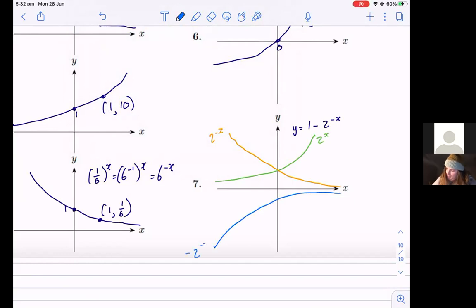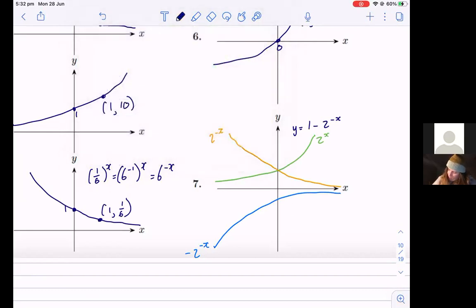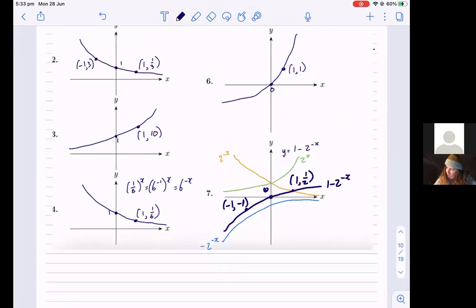Minus 2 to the minus x is going to look like that. But we've moved it up 1. 1 minus 2 to the minus x is going to look like that. And the values as before, 0, 1 half, negative 1, negative 1. Okay.